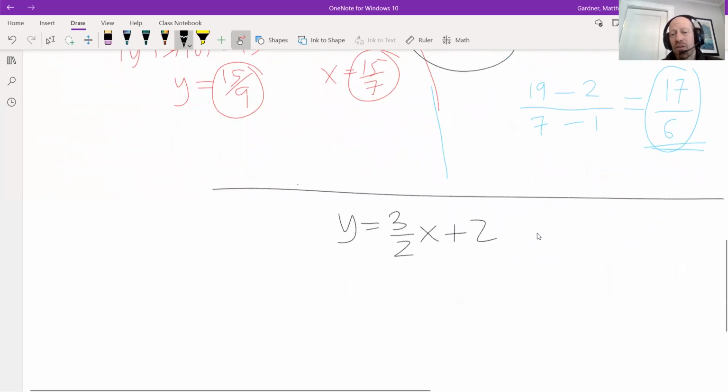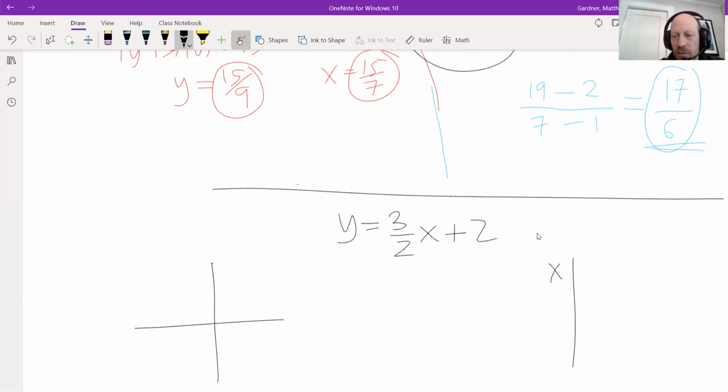If I do either of those, you're going to find out something kind of interesting. Let's start by finding these 2 points. Remember, for the line, it doesn't matter what points I pick. I just need 2 points. Certainly the easiest point is to let x equal 0. If x equals 0, then y equals 2.